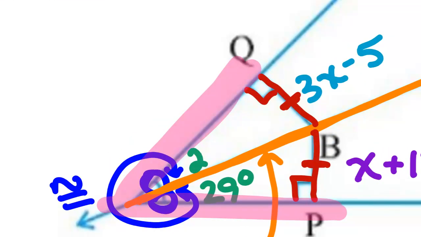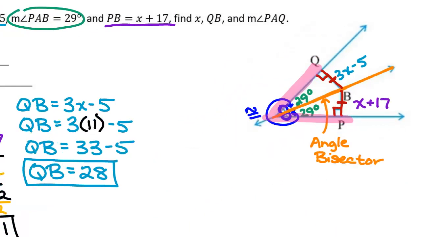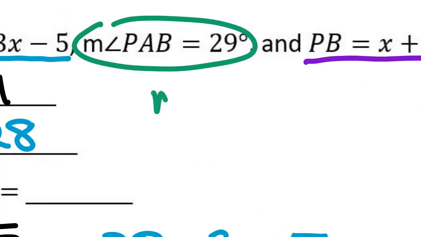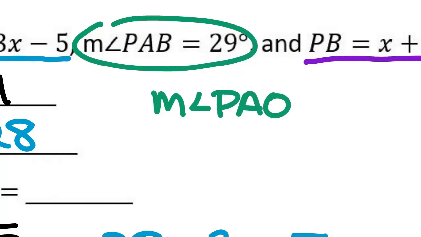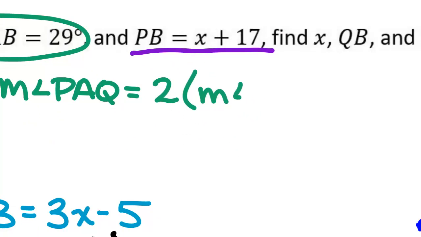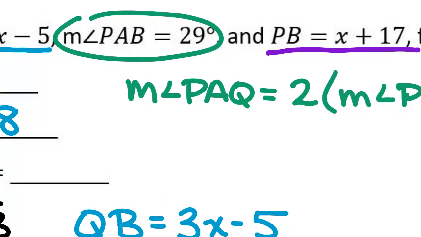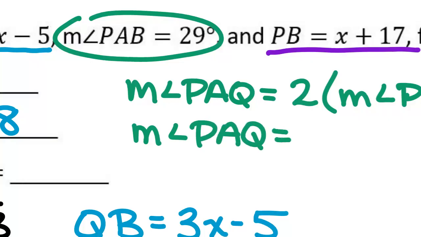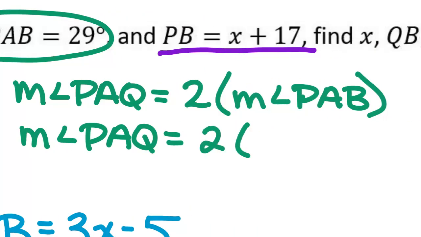29. Also 29 degrees. So I could say the measurement of angle PAQ is equal to 2 times the measurement of angle PAB, because I have two angles that are the same size right here. So the measurement of angle PAQ is equal to 2 times 29 degrees.